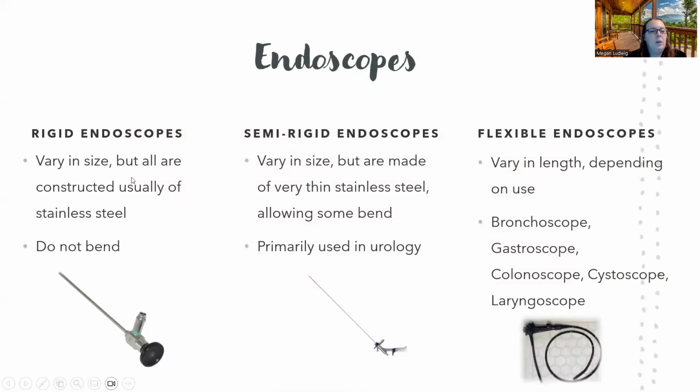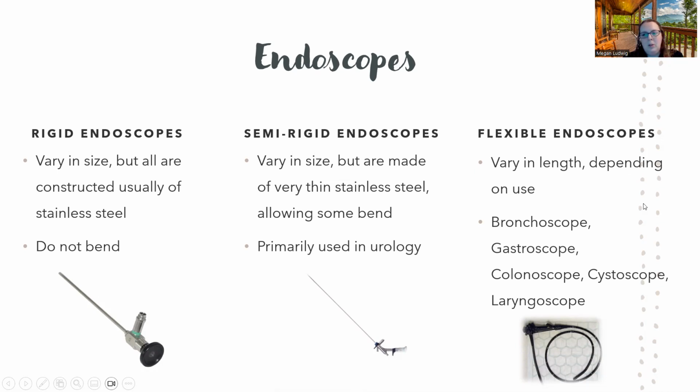Anyway, it doesn't bend, comes in a couple sizes, usually made of stainless steel, but it has this optic piece, and this little piece right here hooks up to a light cord, which allows a light to shine out the end. And you have semi-rigid, just a similar structure to this, except that it allows a little bit of bend in the middle. Sometimes it's beneficial in urology to get through some tight spaces, okay?